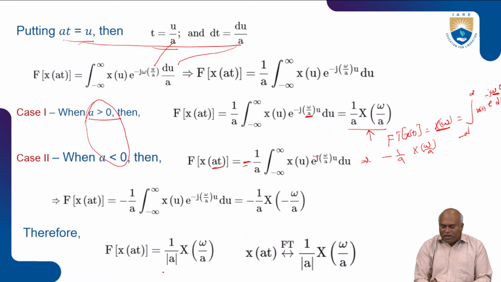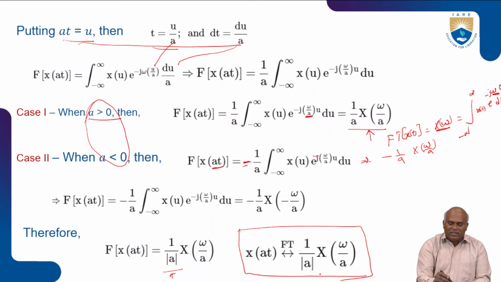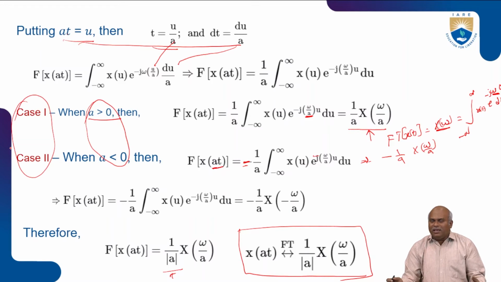Whatever a may be, if we get a negative value, it is automatically converted to a positive value outside. So generally, for the time scaling condition, both conditions are satisfied for our time scaling property.